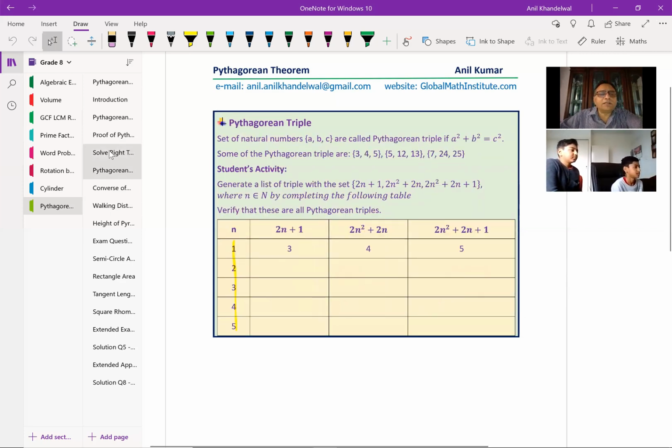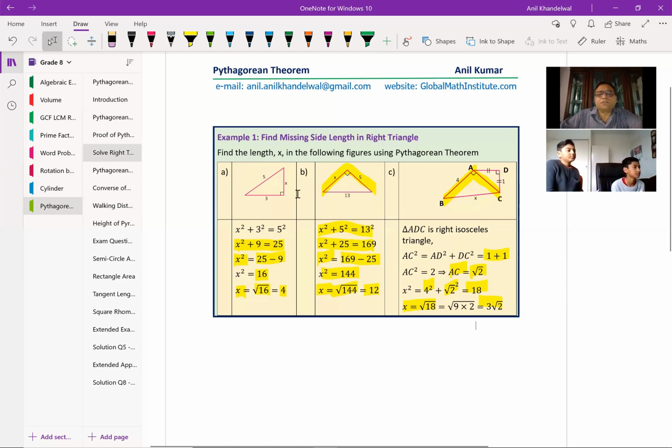Now, you will notice that in your answers, here you got the numbers 3, 4, 5, right? These are all natural numbers. And in this case, you got the answer as 5, 12, and 13. Do you see that? All natural numbers. If for a right angle triangle we get answers which are all natural numbers, then we call them a Pythagorean triple.